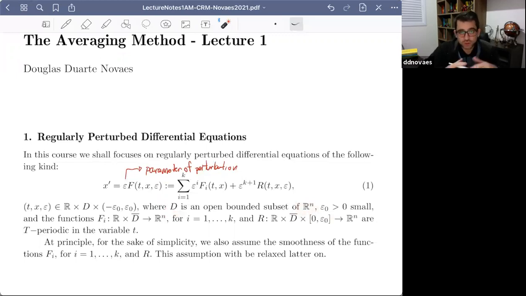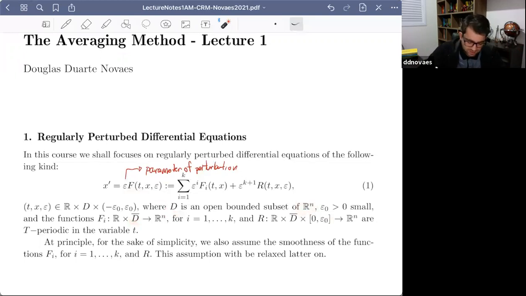In order to avoid any problems on the boundary of the domain, we assume that the function on the right-hand side of the differential equation is continuous also on the boundary of D.